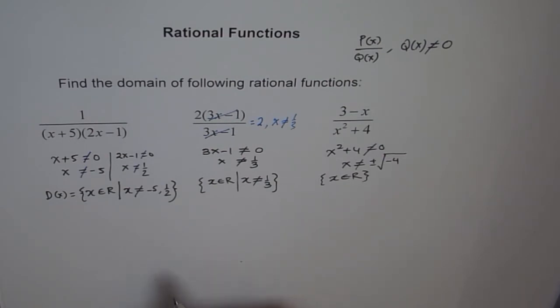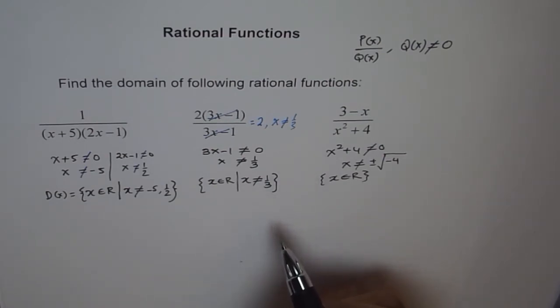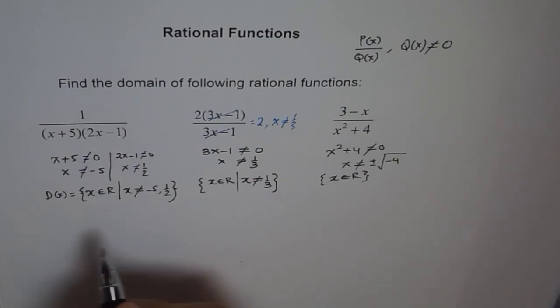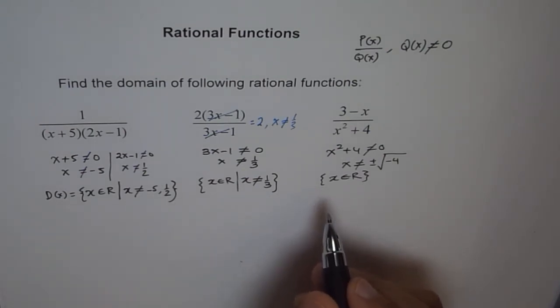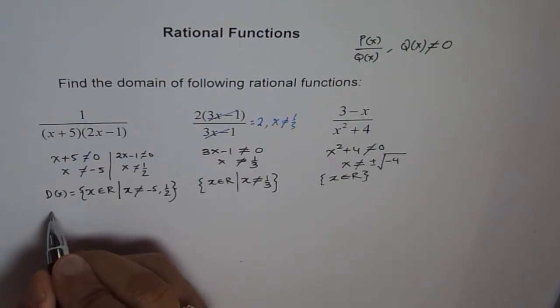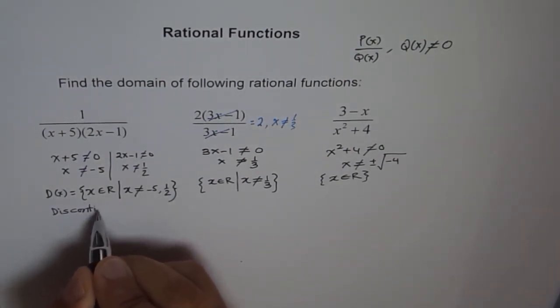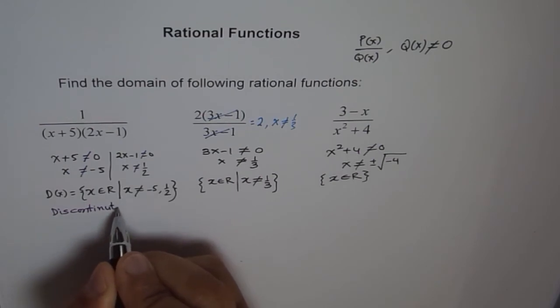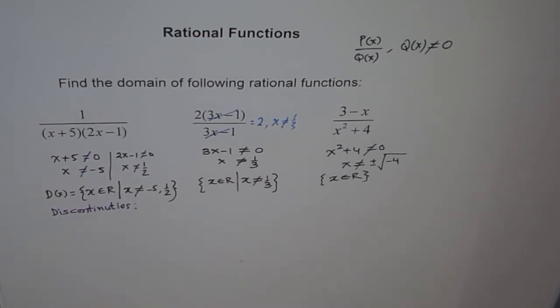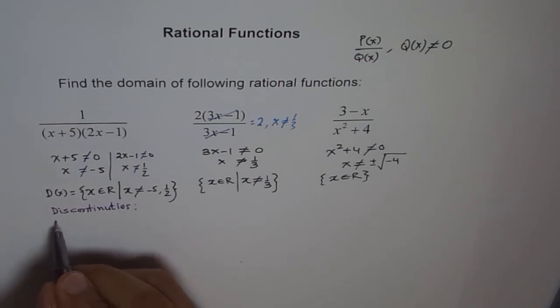Now, when we are talking about restrictions, let us also see what kind of discontinuities we are talking about. It's a good time to discuss it. The discontinuity here is a vertical asymptote.